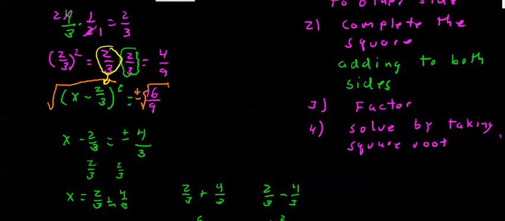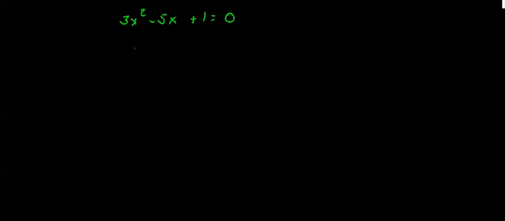All right, let's do one more, and this one will go a little bit faster. We have to put this in the proper order, so we're going to subtract 1.